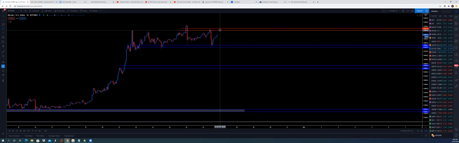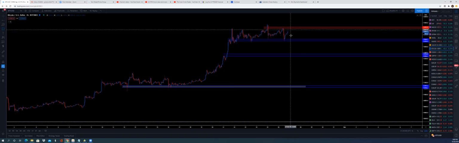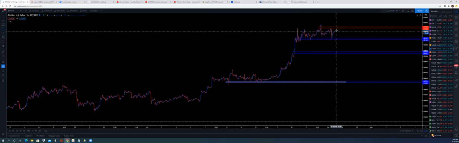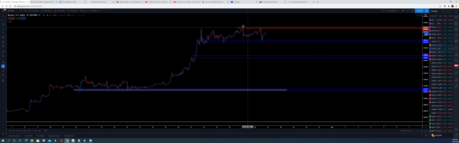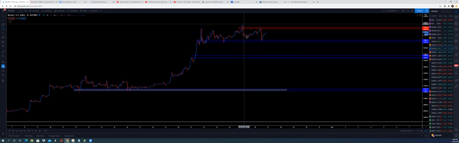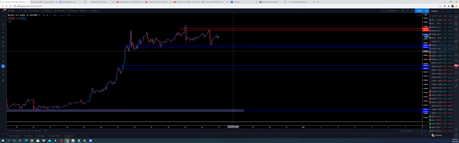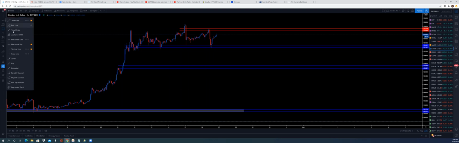Now I'm just gonna wait for price to come back up here, take my profits, and then see how price reacts to this structure, this price level when it gets back here at this 70, 80 for this down move. I would like to see it break it and keep pushing.